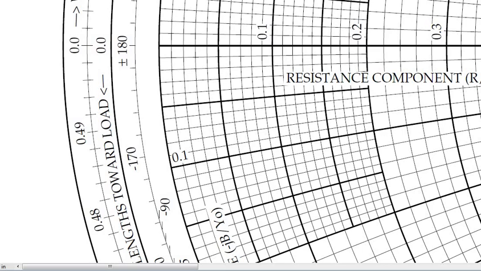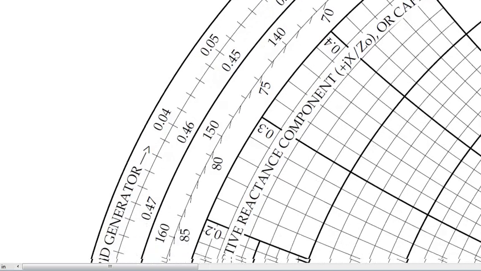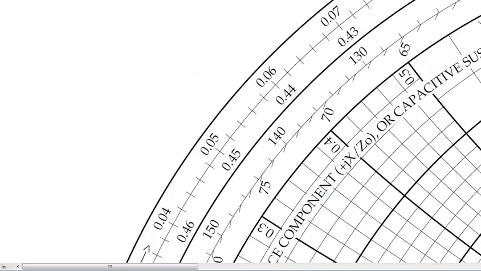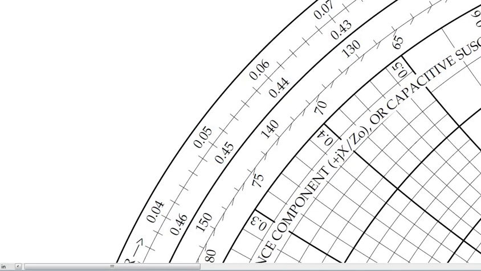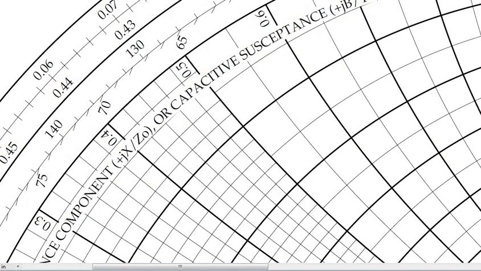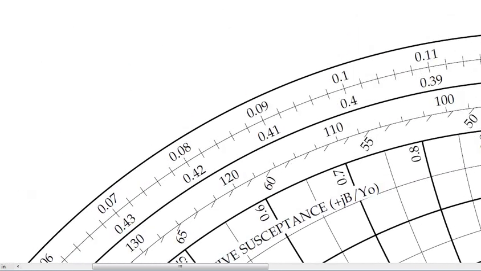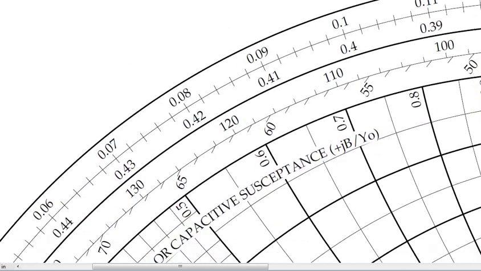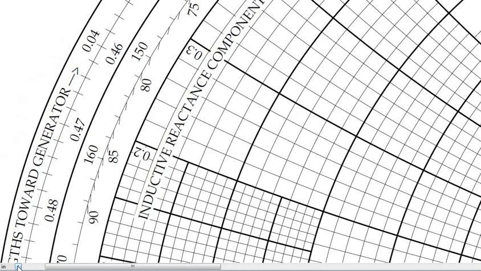In a similar fashion, when you move up, towards the generator. When you are moving in the upward direction, it is towards the generator, and when you are moving downward, it is towards the load.